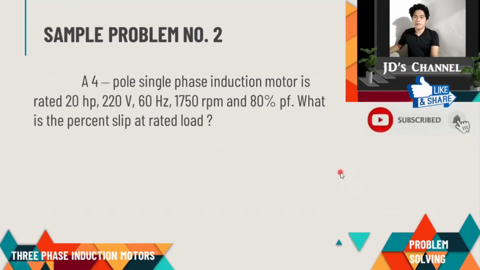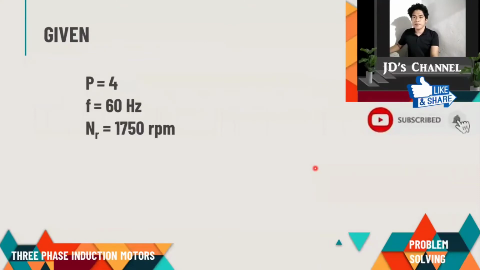So, okay class, so let's proceed sa ating given. So, given natin is 4-pole, 60 Hz, and yung ating NR or rotor speed, that is 1,750 RPM. Ayan.